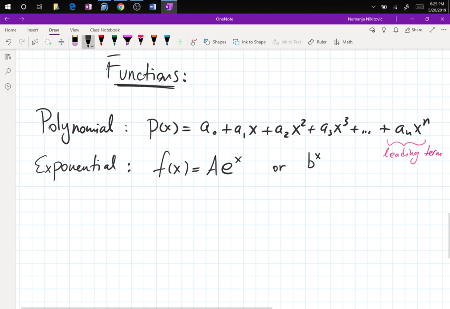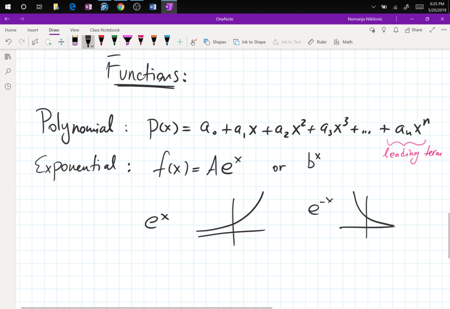So exponential, you have seen this. E to the x goes whee. E to the negative x. You know this as growth and decay. You did all of those problems on garbage or radioactive decay.